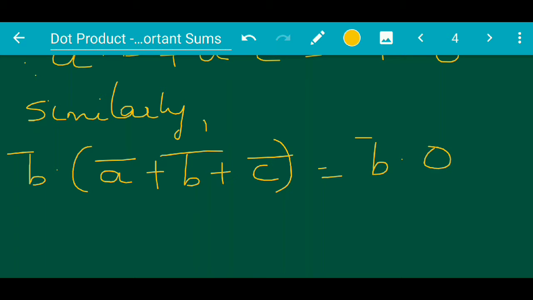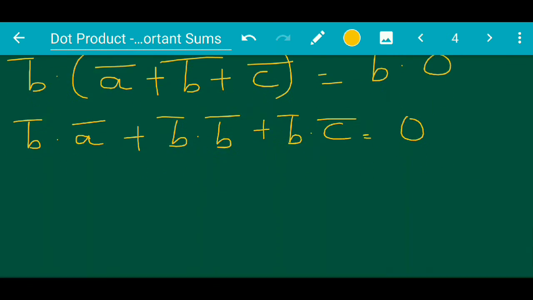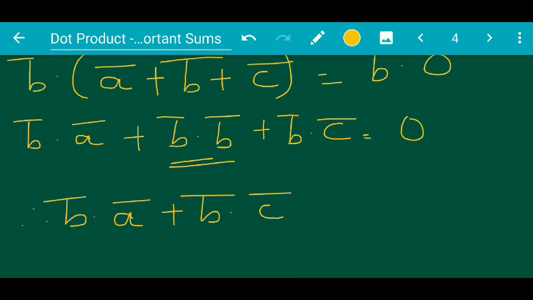So we get b dot a plus b dot b plus b dot c is equal to 0. B dot b is 1. Therefore, we get b dot a plus b dot c is equal to minus 1. So this is our equation number 2.